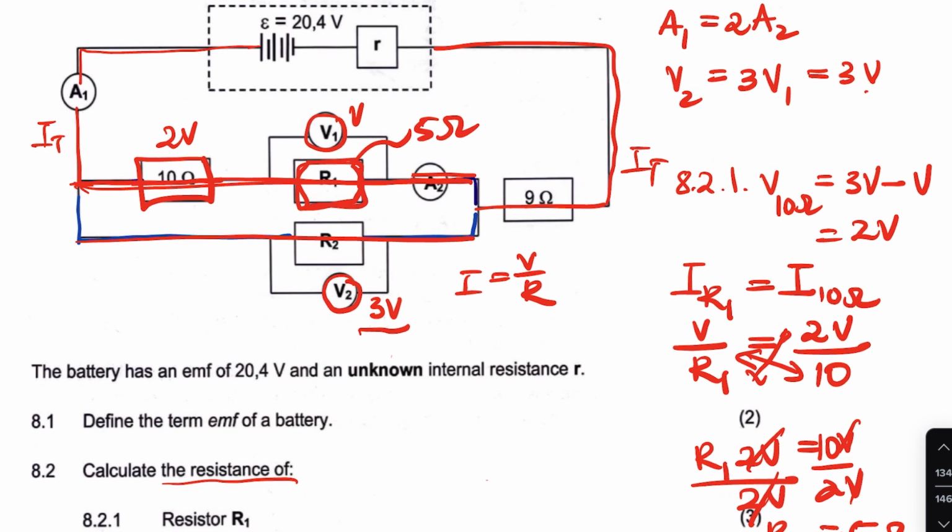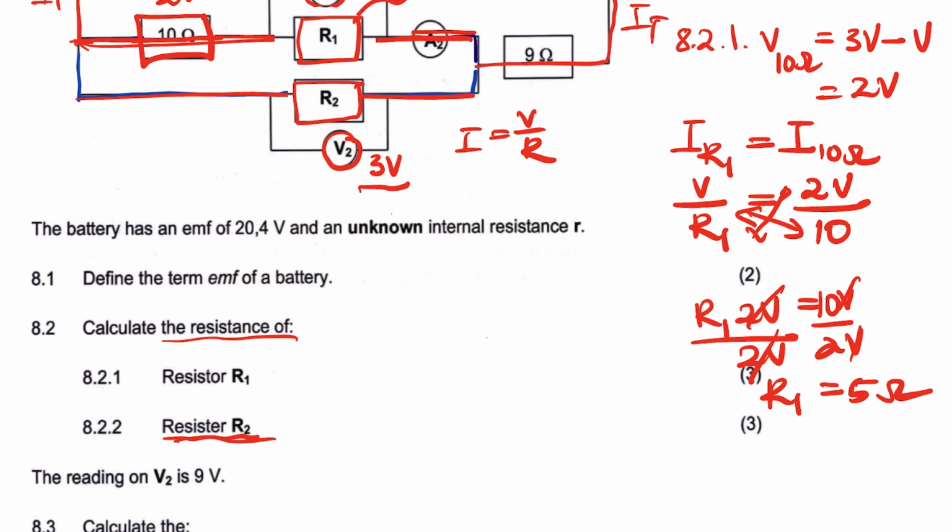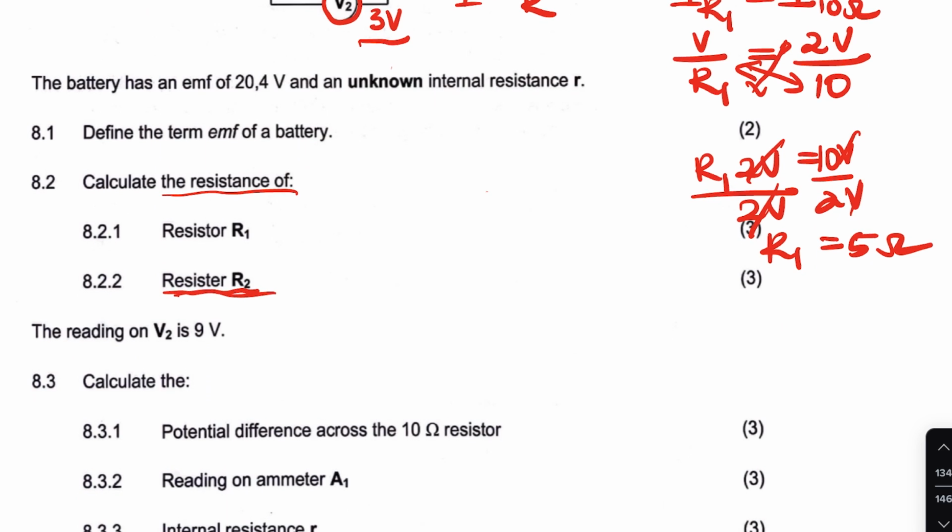Now we are looking for R2. What do we know? What is going to help us to get the R2? The R2 is this one, and we have the R1 there. So what is the commonality between the two?